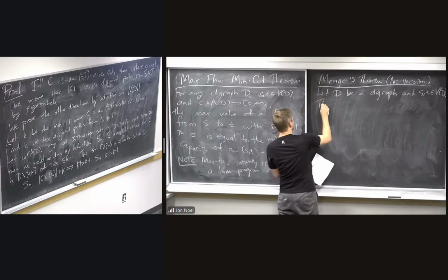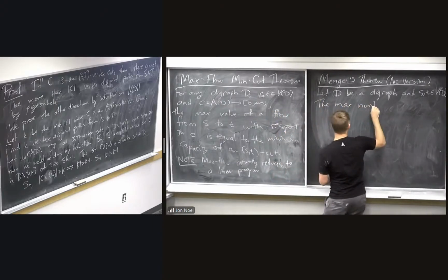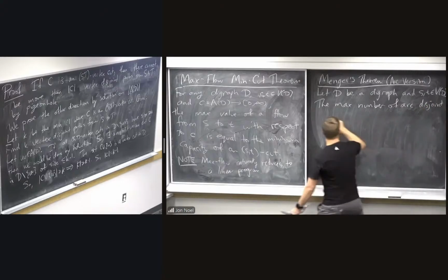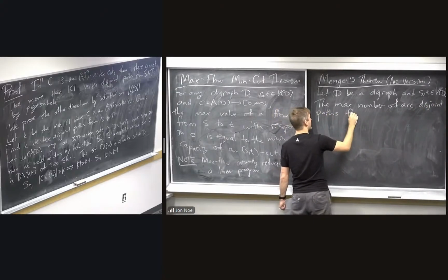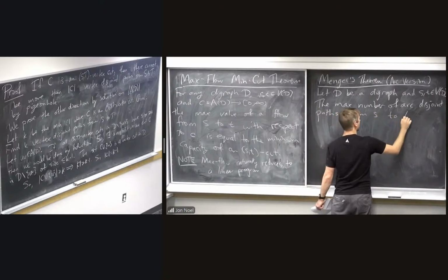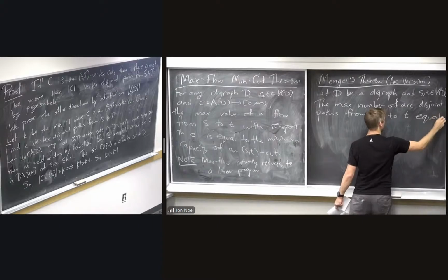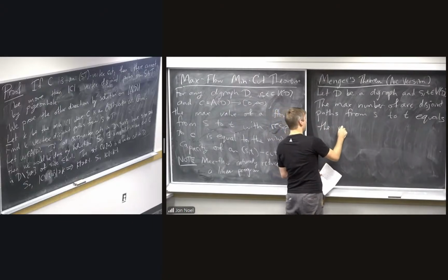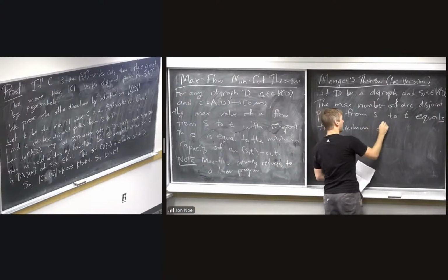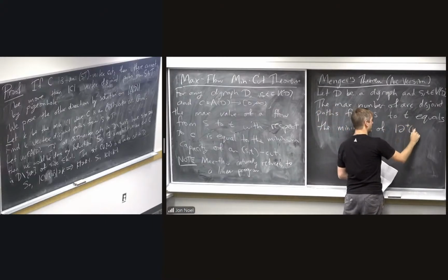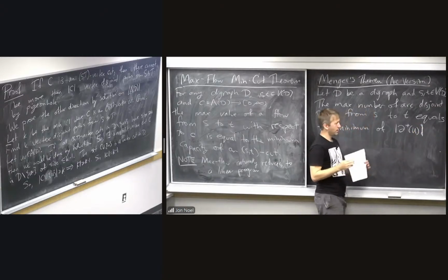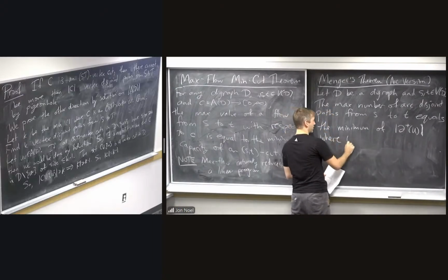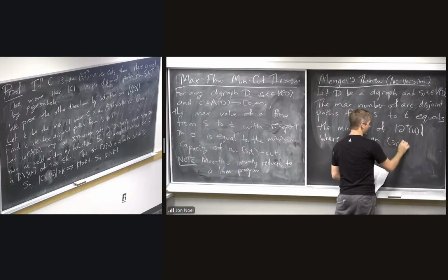The max number of arc disjoint paths from S to T equals the minimum of, so this quantity is the outward arc boundary of a set U, where U is an S-T cut.